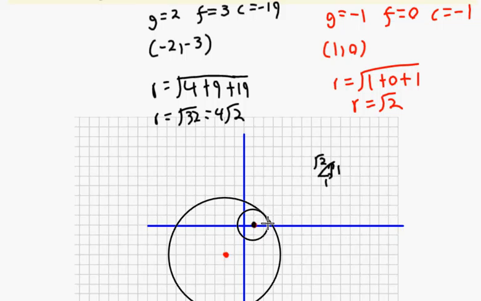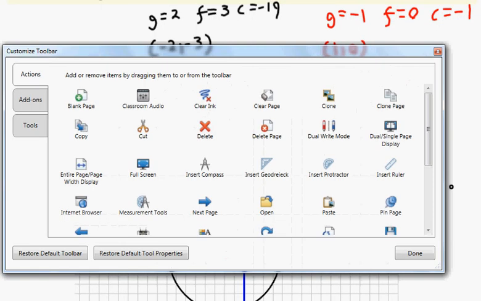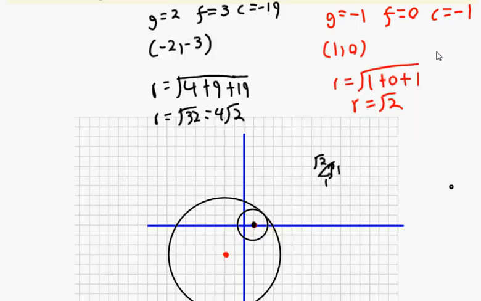Now, I'll do it by line, and they both touch at the purple point. Would you agree? That makes sense?